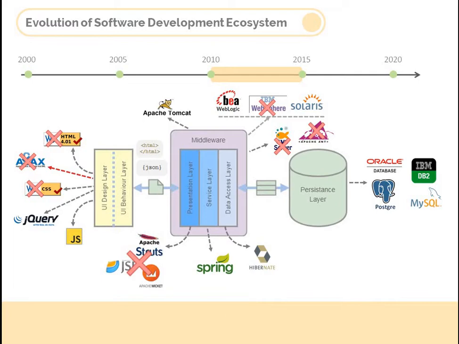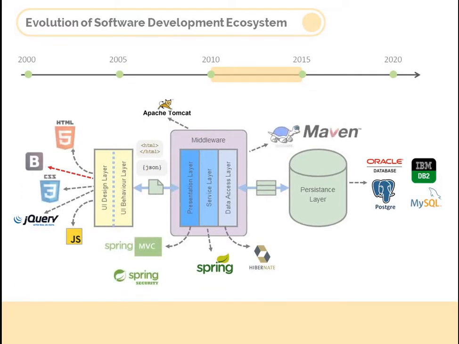Now these technologies were replaced by some new technologies: HTML5 instead of HTML4, CSS3 instead of the previous version of CSS, and then Bootstrap was an advanced CSS framework and very useful in creating a rich internet application.